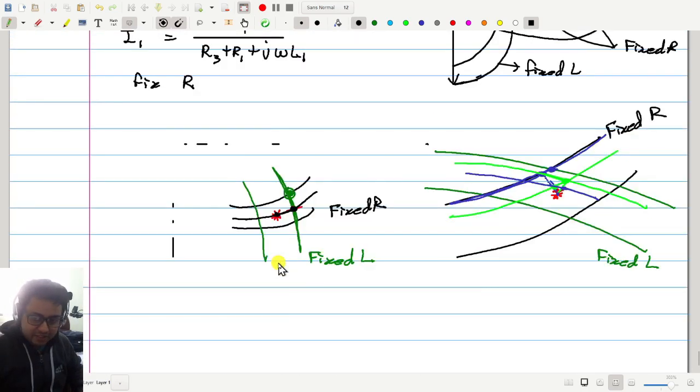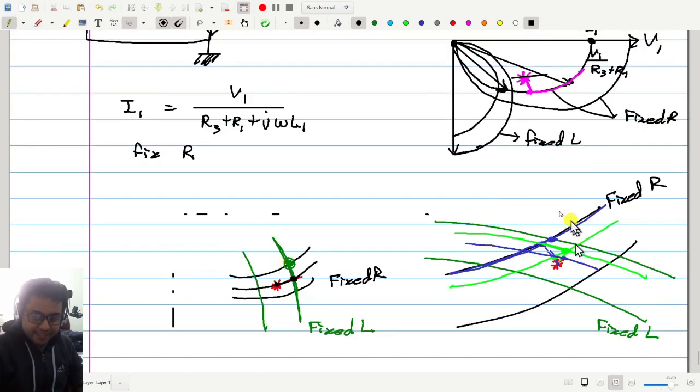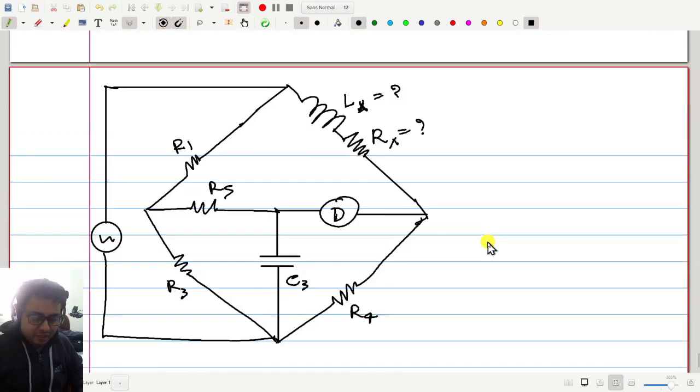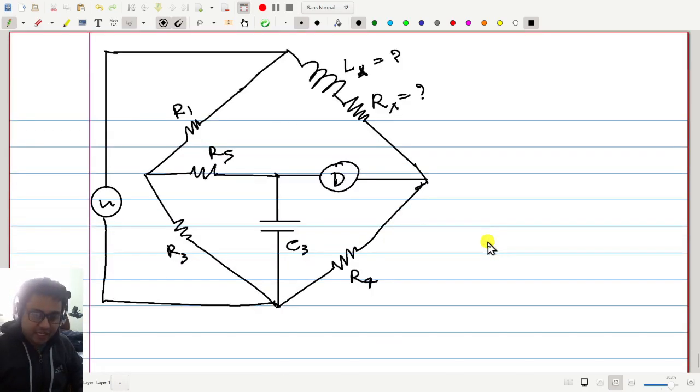Recall the idea of how easy a bridge is to balance in the laboratory, or how iterative the method will be. Honestly, I do not know the exact details of that.